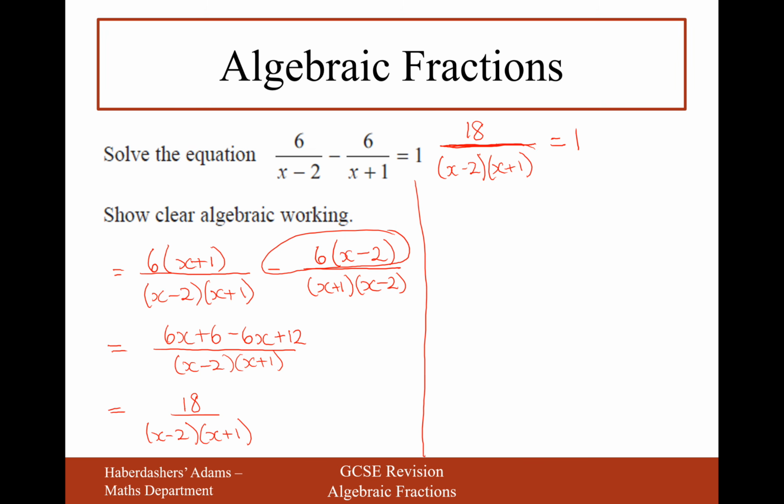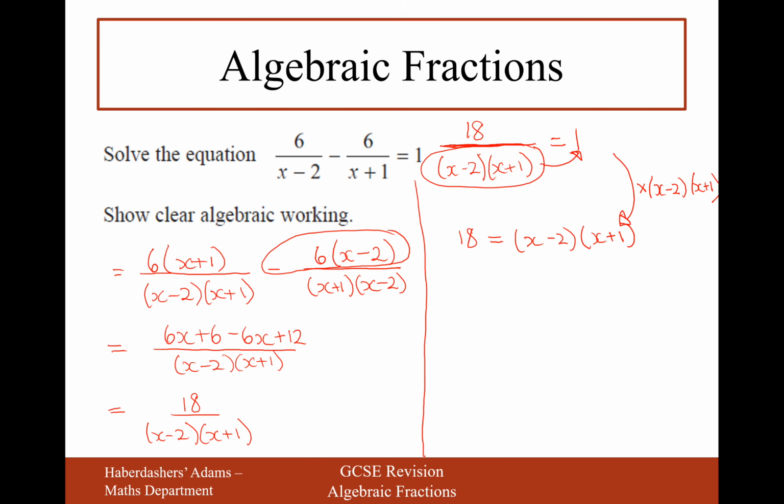I'm going to move all of this stuff here onto the other side by multiplying both sides by it. So it's going to be multiply by x minus 2, x plus 1. Okay, so it's going to equal 18 equals 1 times this, and that would just be itself. x minus 2, x plus 1.